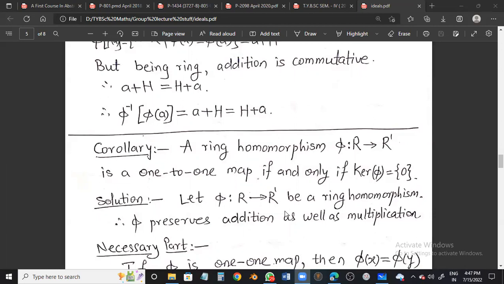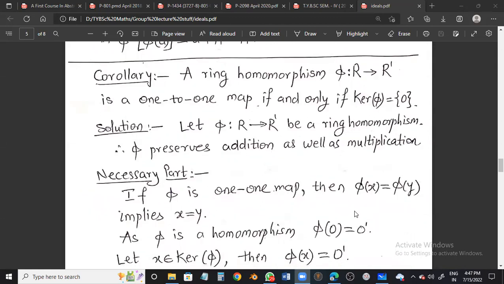Phi is a ring homomorphism. Ring homomorphism means it preserves addition and multiplication. Let us begin with phi is 1-1. So let us consider phi is a 1-1 map. What does 1-1ness mean? Whenever images are equal, the pre-images are also equal. So phi of x equal to phi of y implies x equal to y.